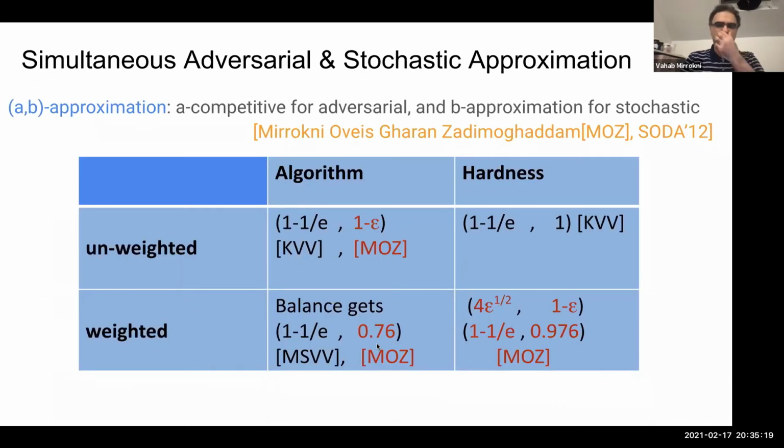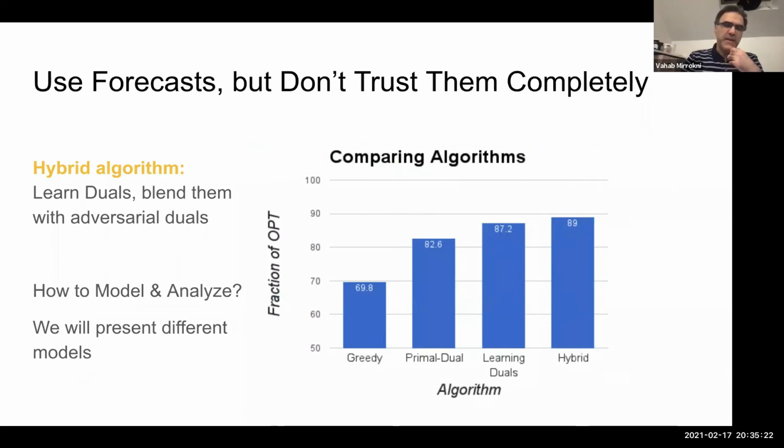So that was an old paper, but still the model for this simultaneous approximation is not satisfactory. The reason is that we don't have this or that. Maybe we have a hybrid model where we want to use forecasts, but don't trust them too much. In practice, we also realize that optimal online algorithms outperform simple greedy algorithms when we make some stochastic assumption.